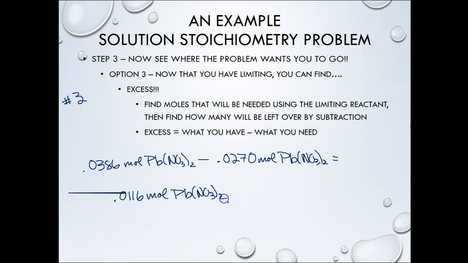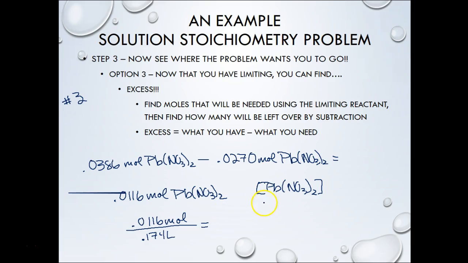Now, I could take this a little further. What is the concentration of PbNO3 now? And that's a pretty simple problem once we figure that out. We have this many moles. I have 0.0116 moles. I know that the total volume of the solution is now 0.174 liters.